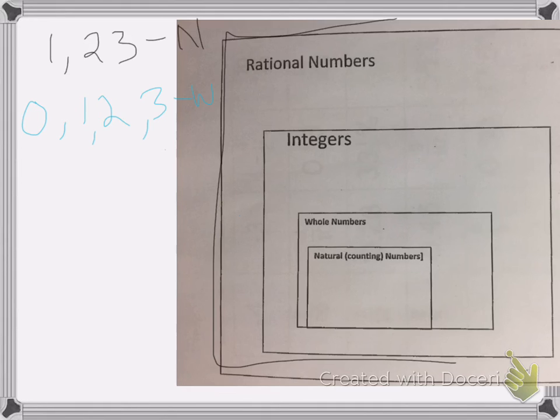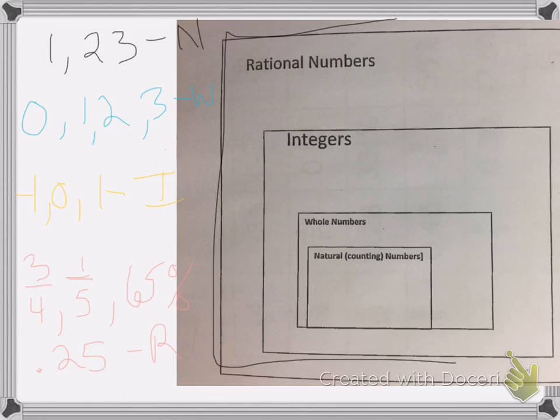Then we've got our integers, negative whole numbers and all those whole numbers. And then we've got our rational numbers, 3/4, 1/5. These are parts of whole numbers. I don't know, 65%, 0.25. These are all rational numbers.